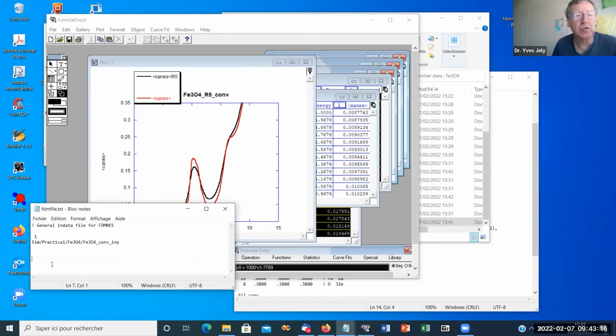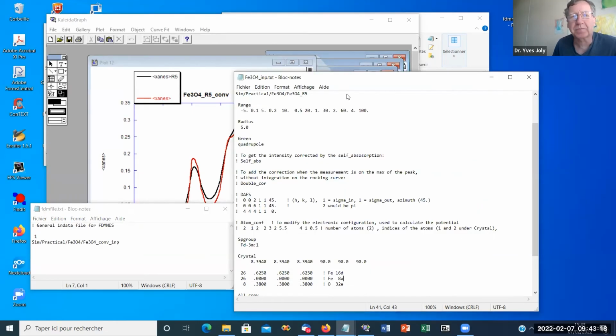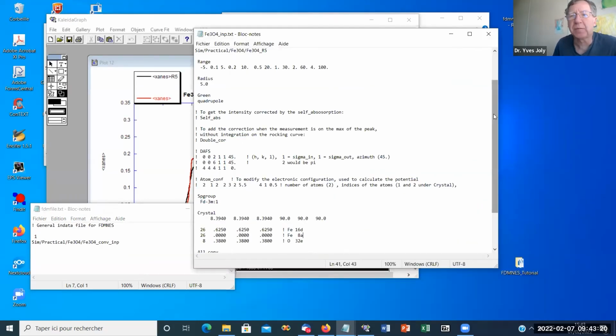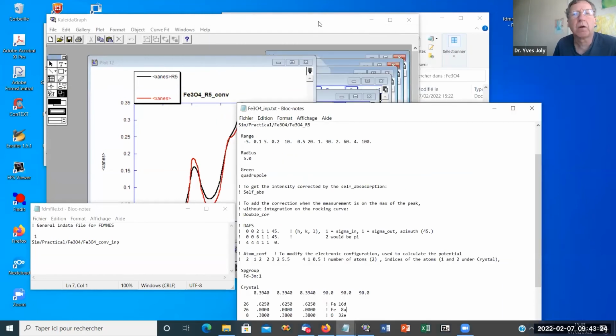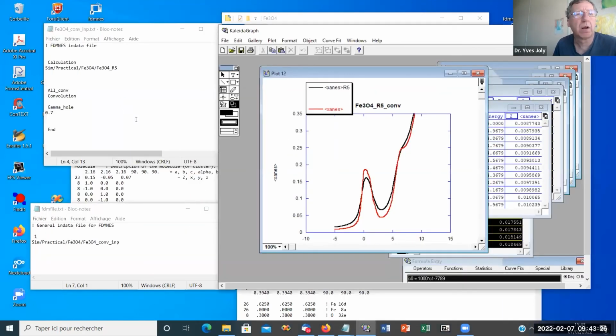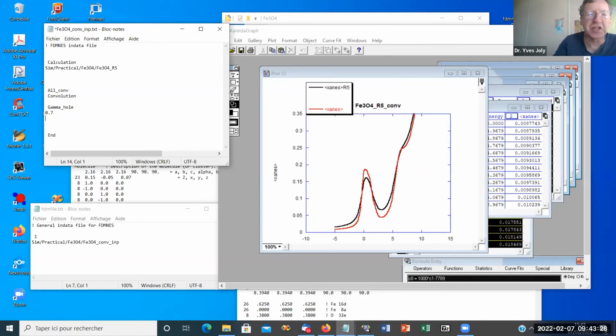And you could do the same, for example, changing gamma max. So you saw the default is 15 eV, and I know that it's a bit too much.